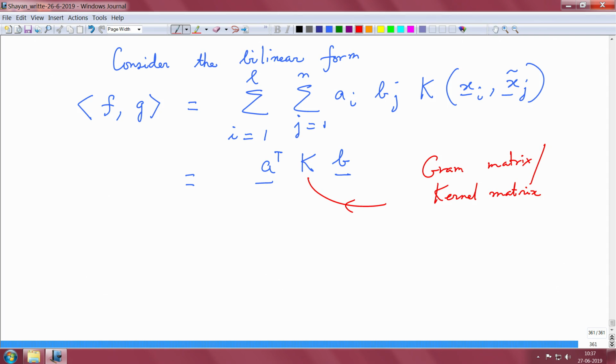And this is my definition, right. This bilinear form is essentially my definition.